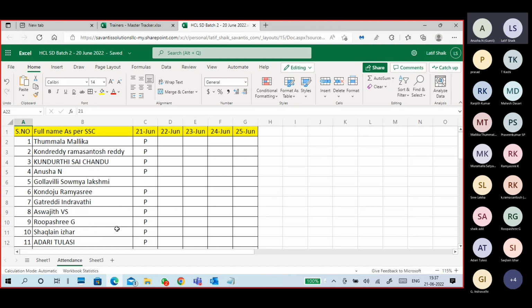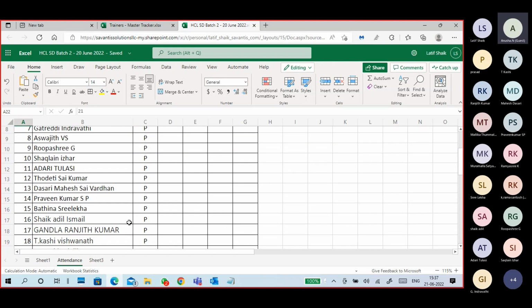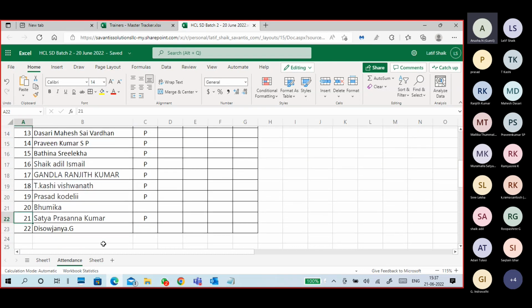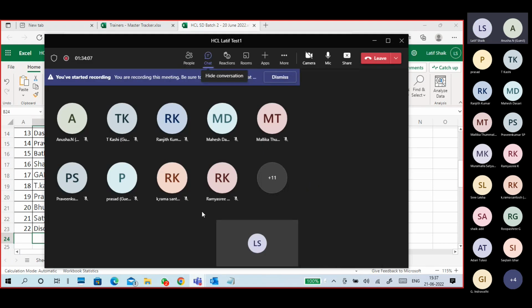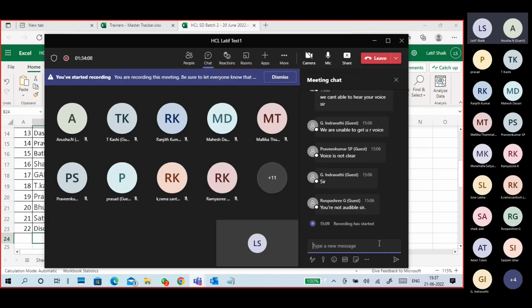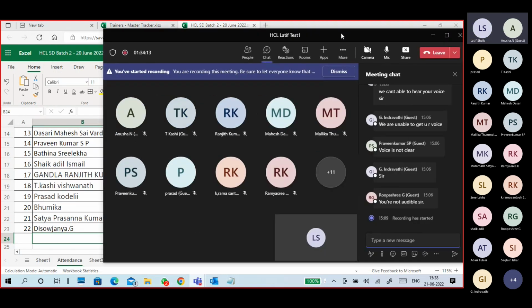Look at the name. Your name is not here, right? No, sir. Okay, in your chat box. This is your chat box. Put your name, pass out year, your qualification, and phone number. Okay, sir.